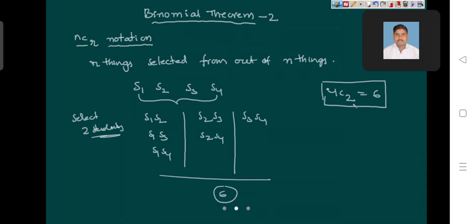So here 2 things are selected out of 4 things. So mathematically what is the notation? Here nCr is n factorial by (n minus r) factorial into r factorial, where n is greater than or equal to r.